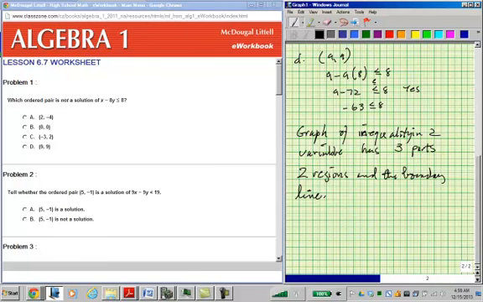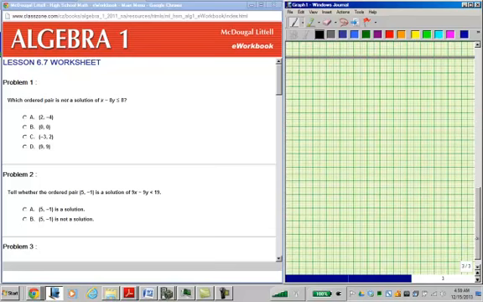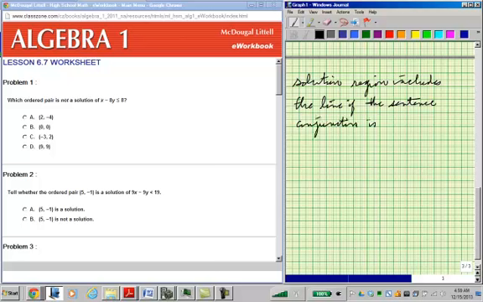And the solution region includes the boundary line, the line, if the sentence conjunction, that is less than or equal to or greater than or equal to.